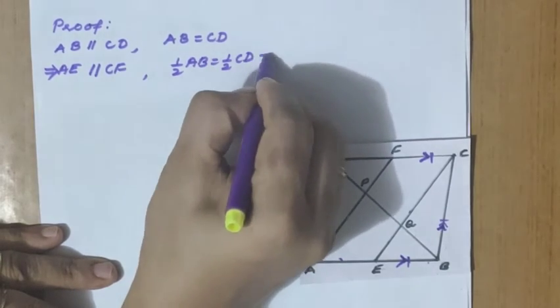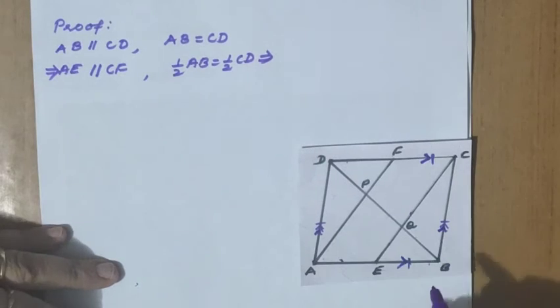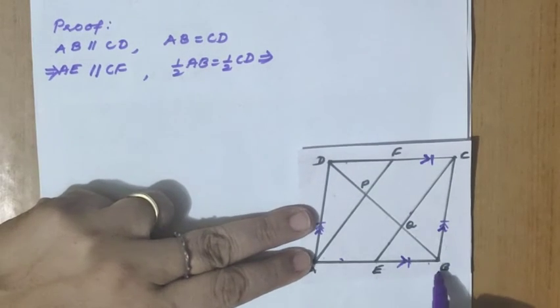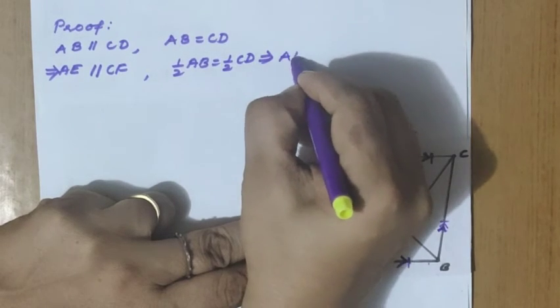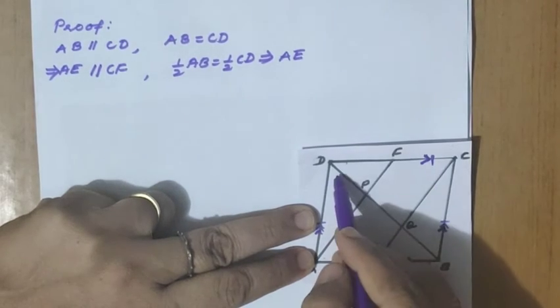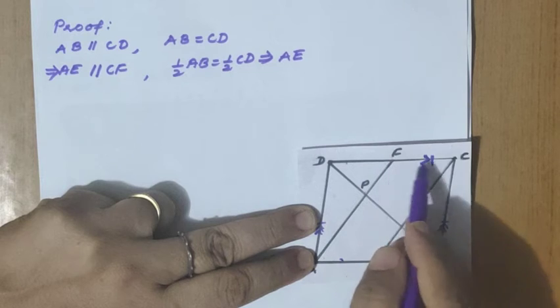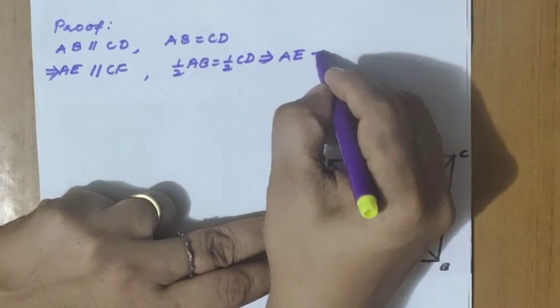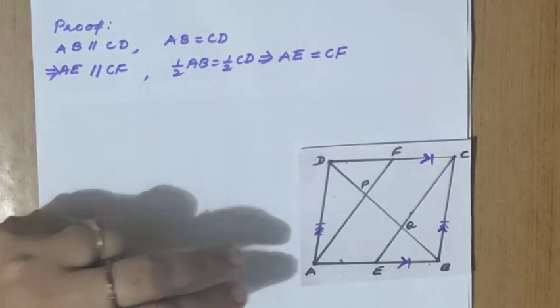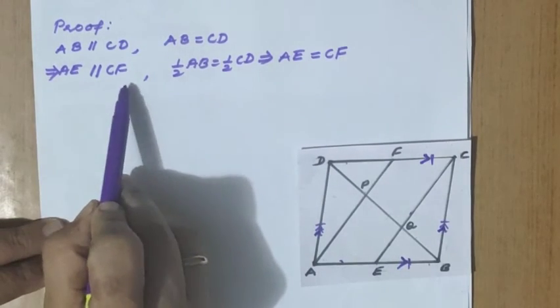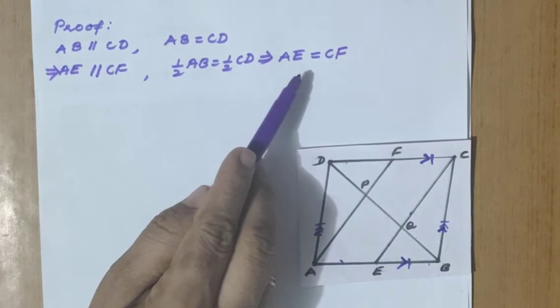Right? What is half of AB from this figure? Either I can write AE or we can write BE. So we will write AE only. Next, half of CD means either we can go for DF or CF. But according to the question, we need CF. So we are writing CF here. So now you check this statement. AE parallel to CF, AE equals CF.